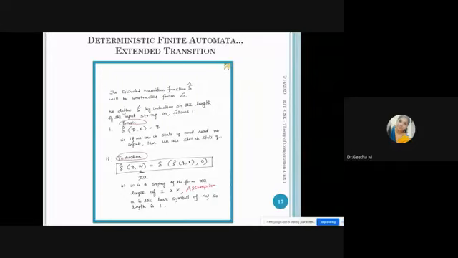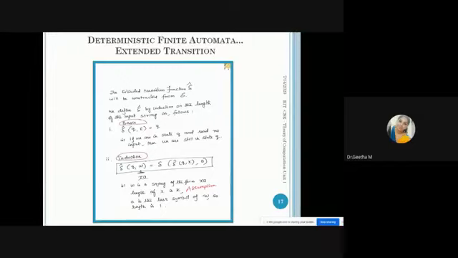Then at the induction step, you assume that the statement is true up to k length elements, and then prove that for k plus 1, the given statement is true. This is what we have seen in mathematical induction. Again, the same mathematical induction we are going to apply here.